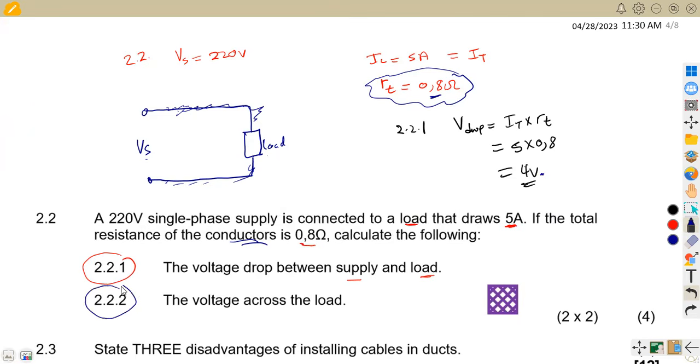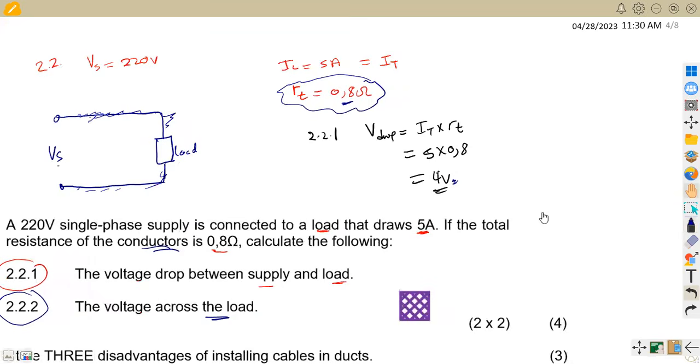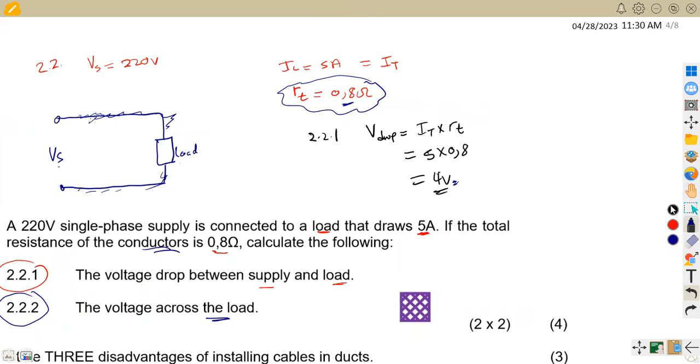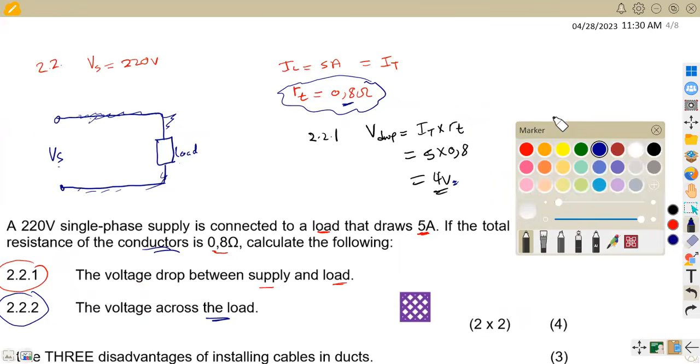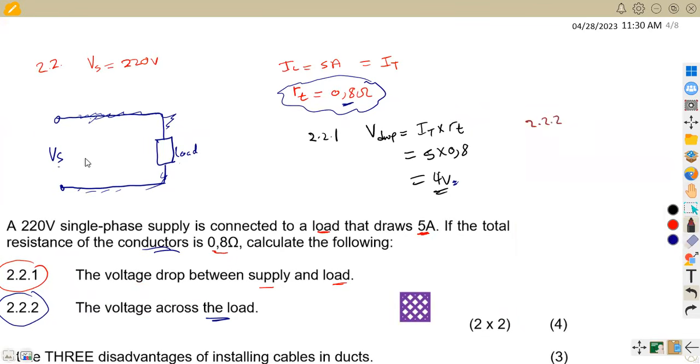Now the question on 2.2 is to calculate the voltage across the load now. That is from the voltage drop. Okay. So remember, we have a voltage drop from the supply that we had. We were having a supply of 220. We have lost 4 volts. So this is now the voltage that is going to be across the load. So the voltage across the load is going to be equal to the V supply minus the voltage drop that we calculated in this case.